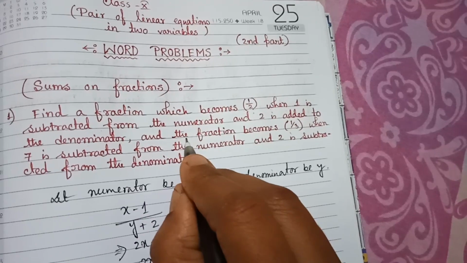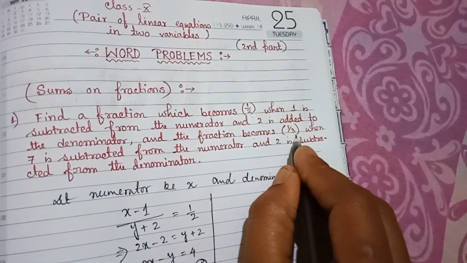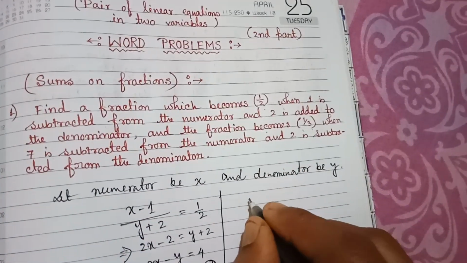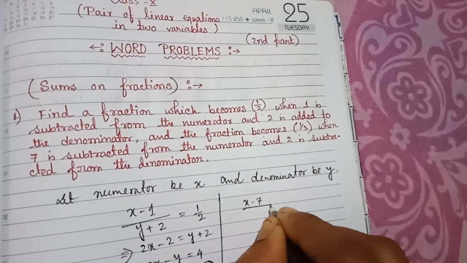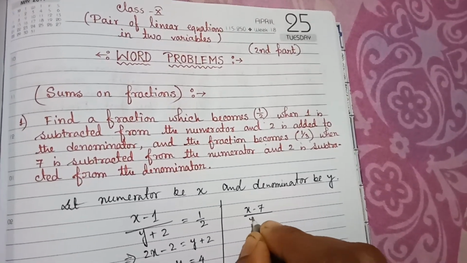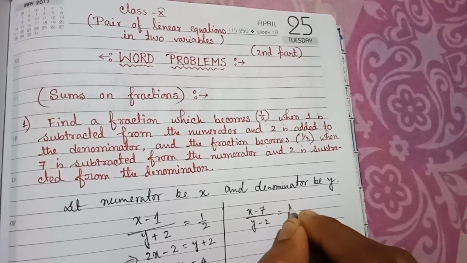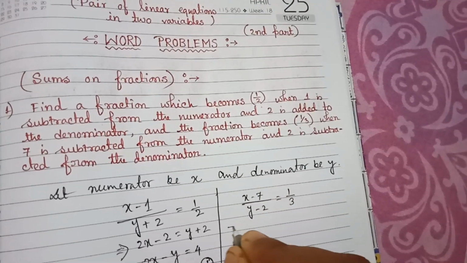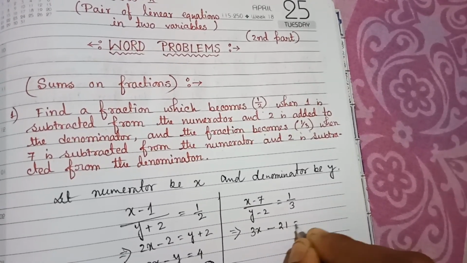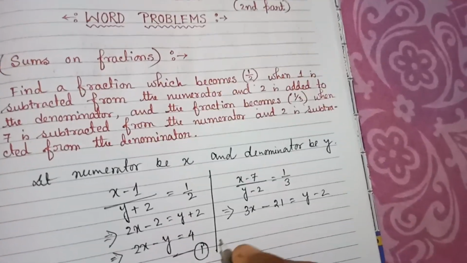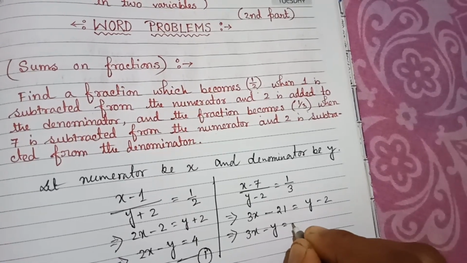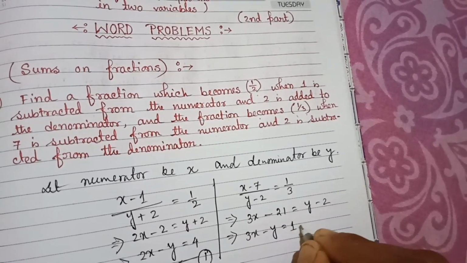Second condition: the fraction becomes 1 by 3 when 7 is subtracted from the numerator and 2 is subtracted from the denominator. Again, by simplifying, we get 3x minus y equals minus 2 plus 21, that is 19.